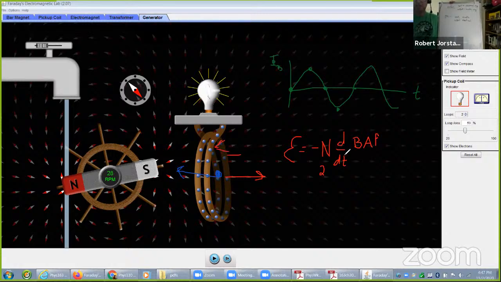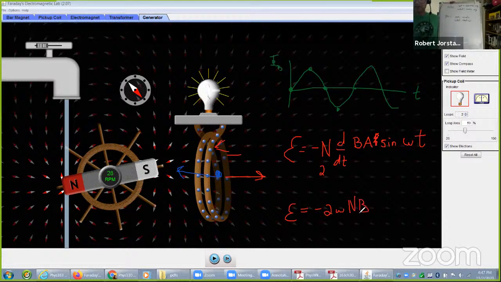But if it was perfectly perpendicular, the factor would be 1. And then there would be some sort of sine of omega t. And notice the voltage would end up being something that looks like, in this particular case, negative 2 omega NBA.